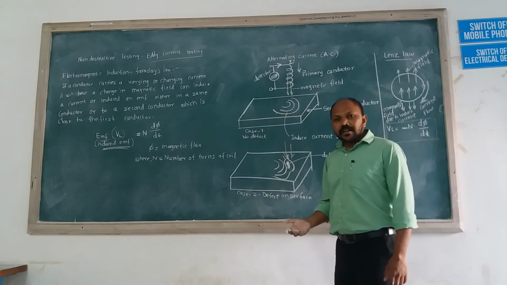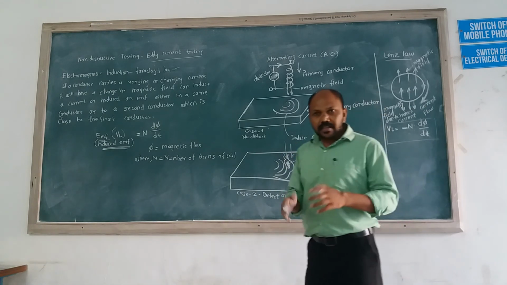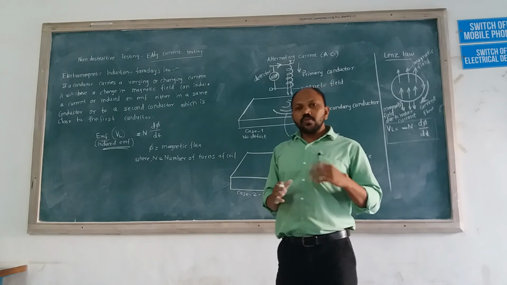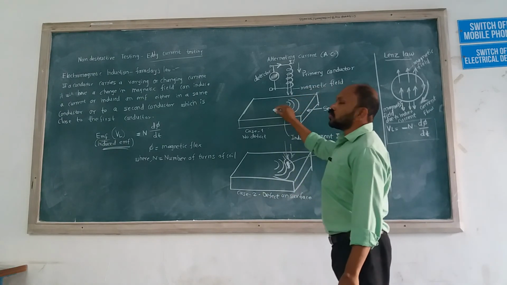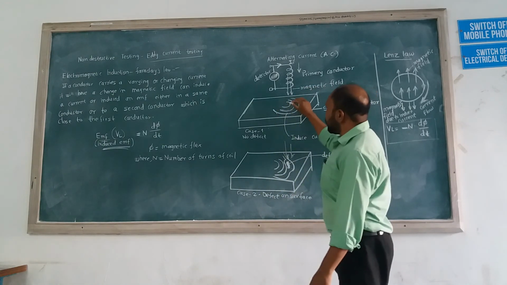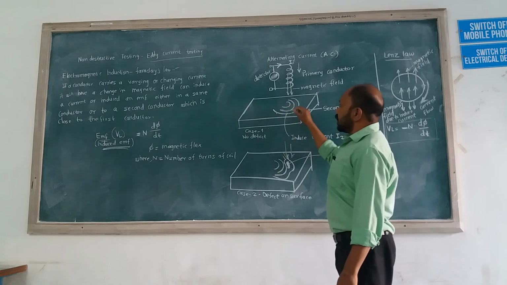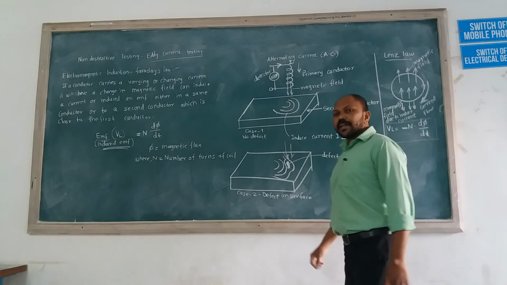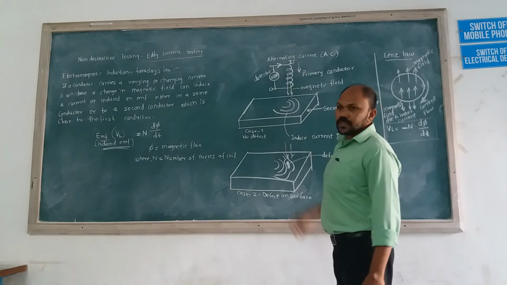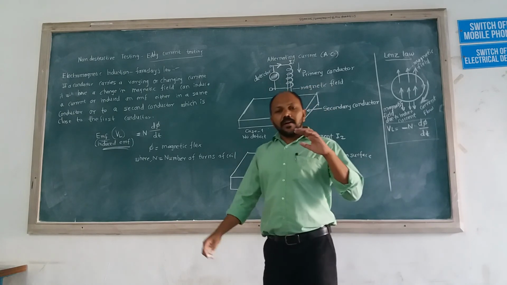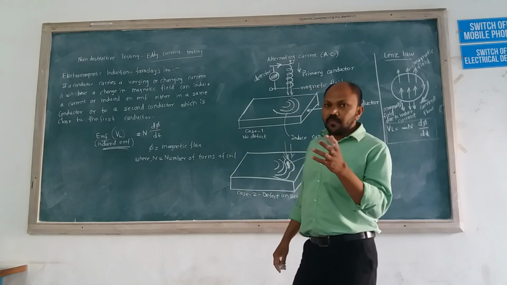When the magnetic field enters it, some induced current gets generated. When the induced current flows like this, again some magnetic field is generated, and it passes through the coil, where the detector is located.